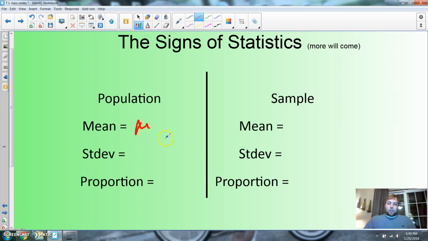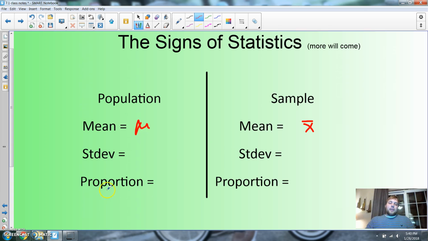That's Greek. What's our sample mean? If it's only from a sample, we're not exactly sure about it, so we make it an x, x-bar.